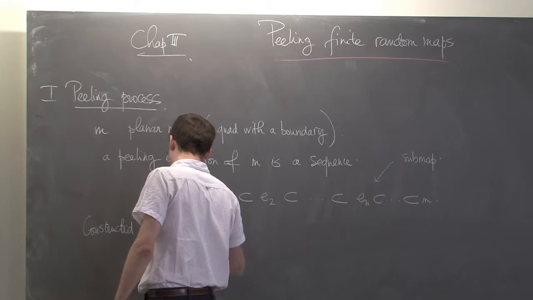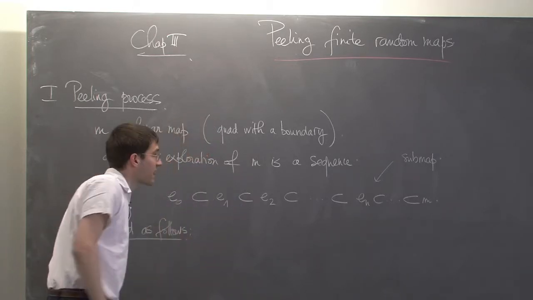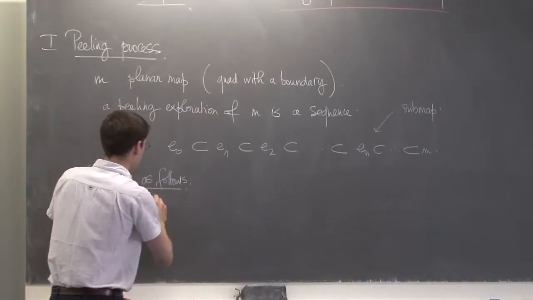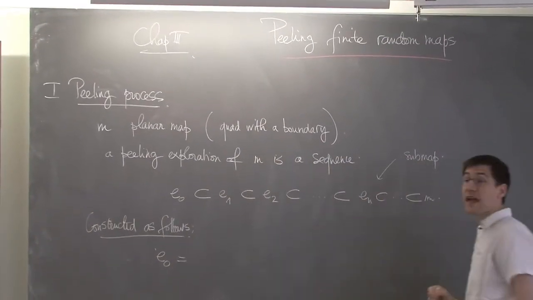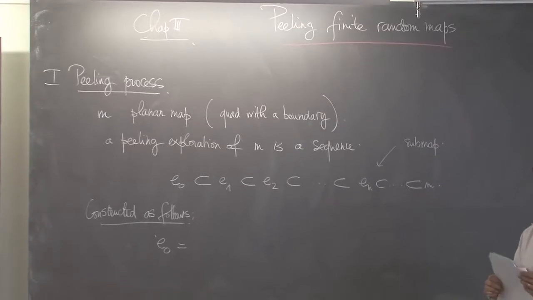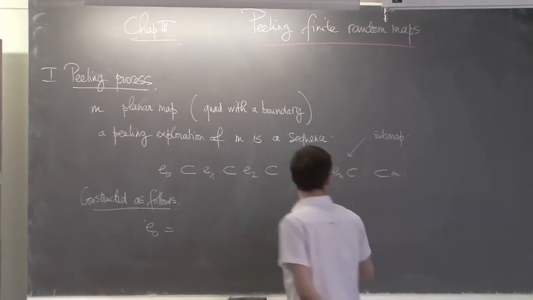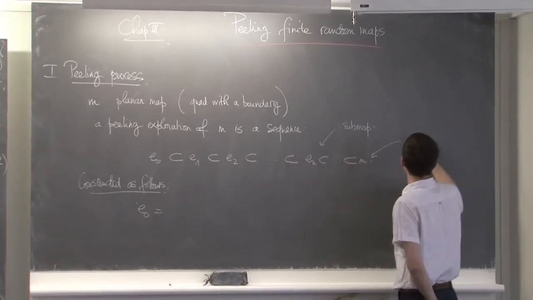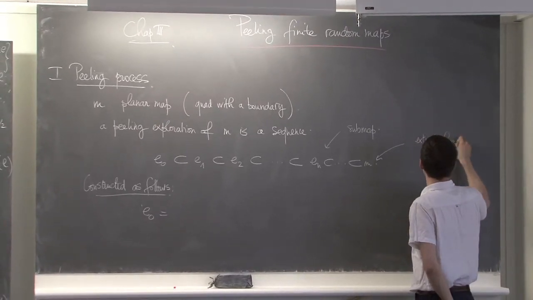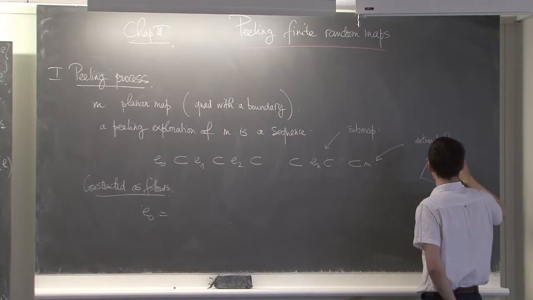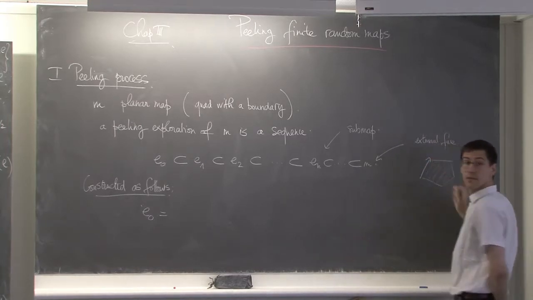So to start with, E0 will just be the external face of the map together with a hole. So in your map M, recall that the external face is the face on the right of the root edge. It's the guy there. Okay?